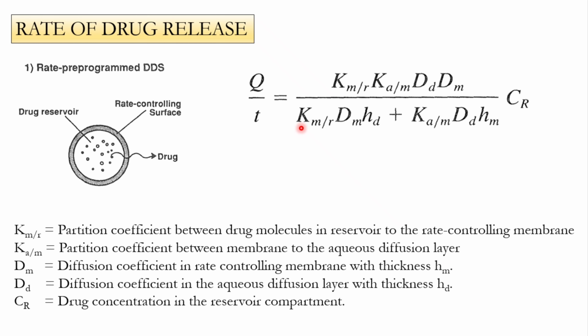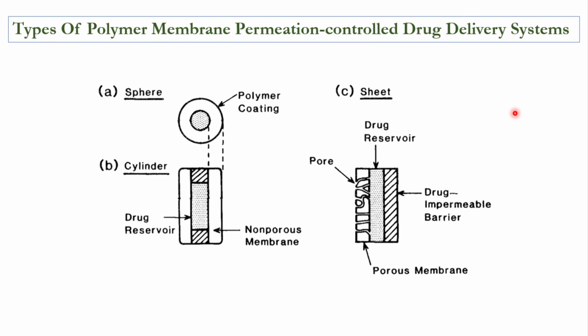K is the partition coefficient, D is the diffusion coefficient, Cr is the drug concentration in the reservoir compartment. There are three types of polymer membrane permeation-controlled drug delivery systems. They are sphere type, cylinder type, and sheet type. The cylinder type is made with a non-porous membrane, and the sheet type is made from a porous membrane.